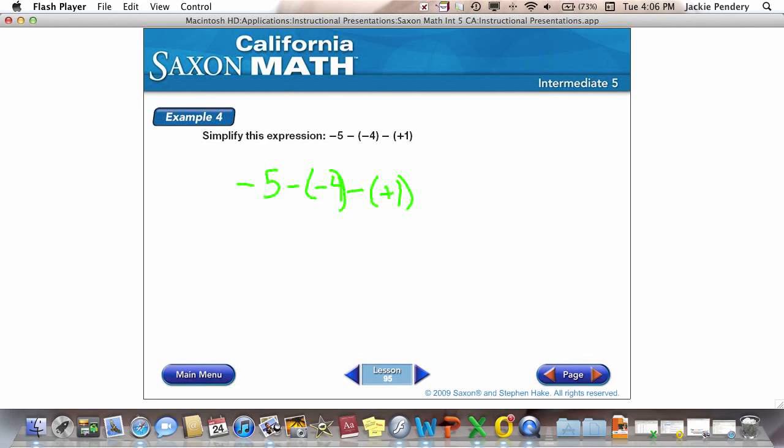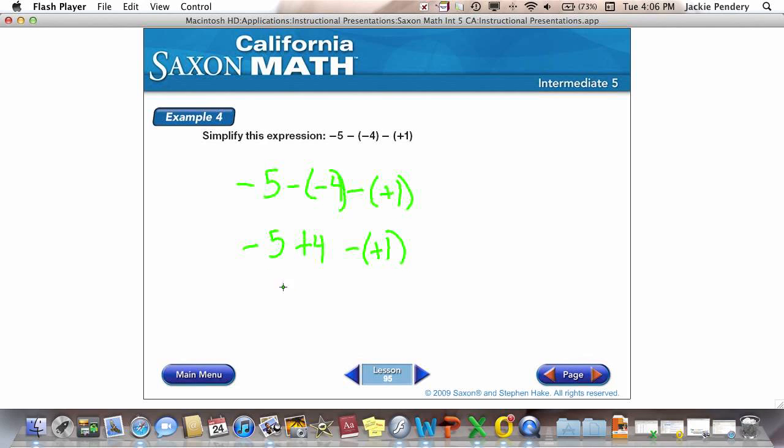So we're going to start with -5 and -4, the first two expressions. So -5 we keep, minus the opposite of 4. We're going to do what we did in example 3 and turn this into a positive. So negative 5 plus 4, and then we're going to keep the minus positive 1.